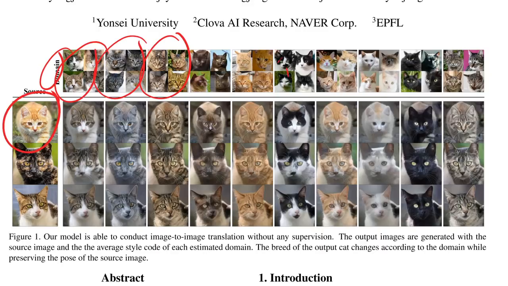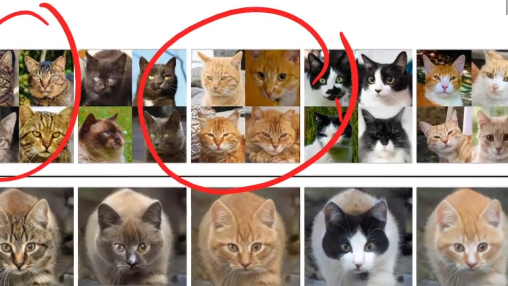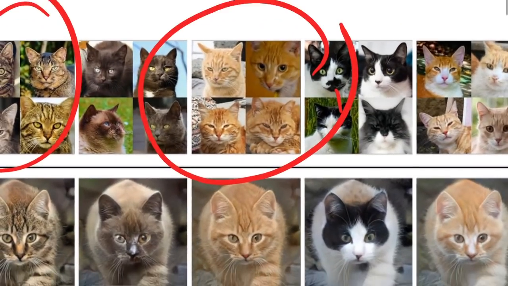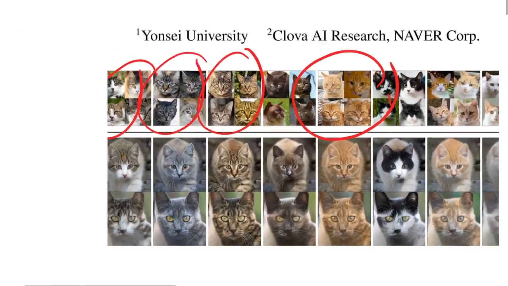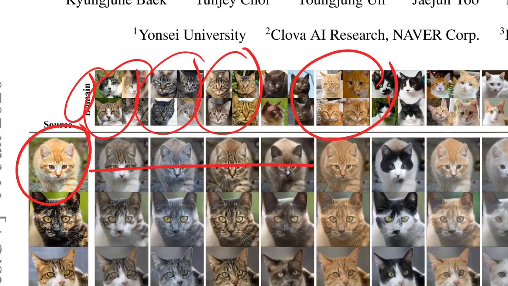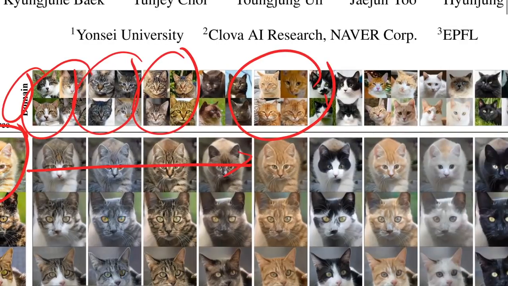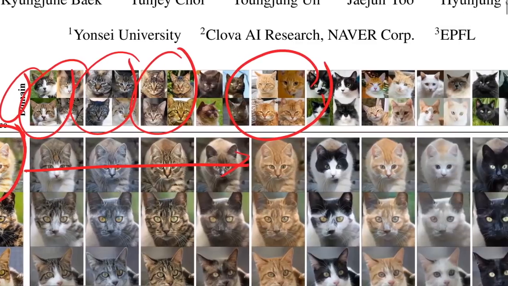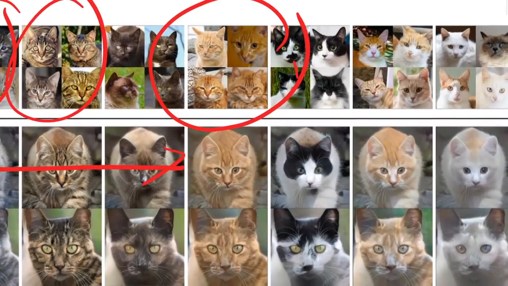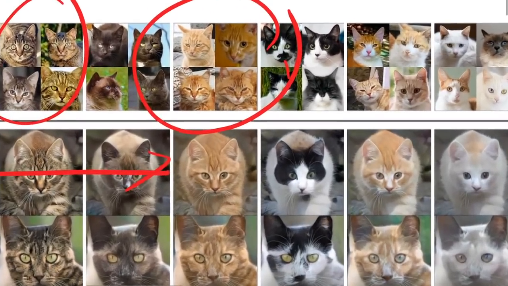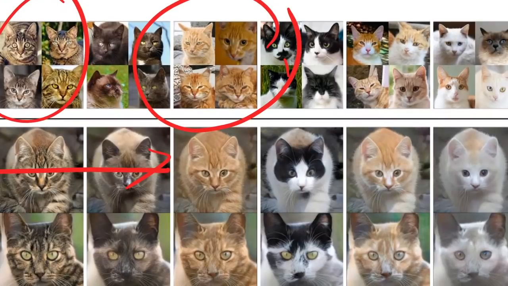So if you transfer the style of all of these cats right here, which all seem to be sort of ginger cats, to this instance right here, what you'll end up with is a cat. Okay, it was ginger before. Might not be the best example, but you get what I mean: the thing that you transfer is whatever is common among these domain images, okay?